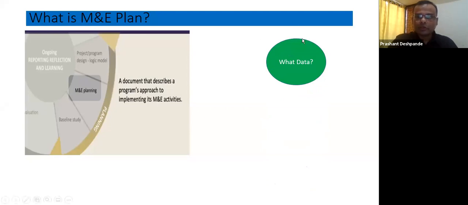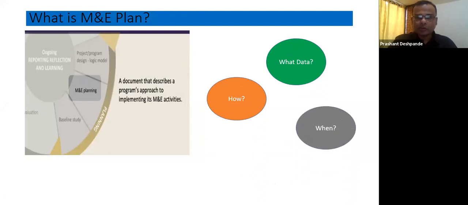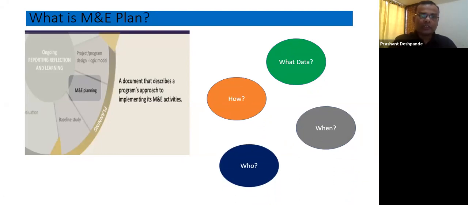In short, this plan will tell us what data we require, how and from where to get it, such as documents or records, when to conduct the program activities, at what frequency, and who will be the responsible person. So at a glance it tells us what data we require, how to get it, when to get it, the frequency, and who will collect it.